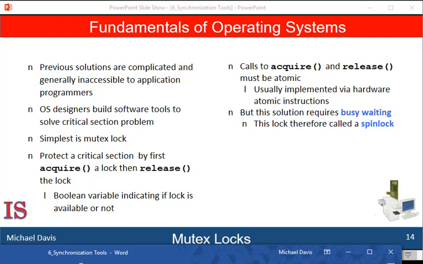The type of mutex lock we've been describing is also called a spin lock because the process spins while waiting for the lock to become available. Spin locks do have an advantage though, in that no context switch is required when a process must wait on a lock, and as we've already discovered, a context switch may take some time.